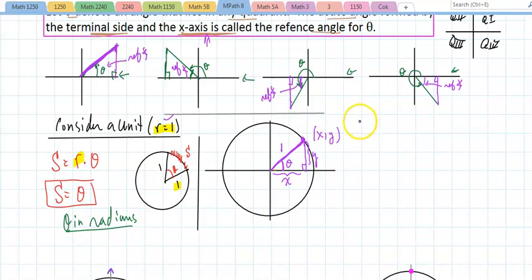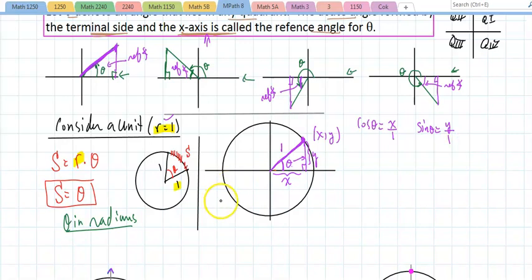If I take the cosine of theta, wouldn't that be the adjacent over the hypotenuse? And similarly, if I find the sine of theta, wouldn't you say that's the opposite over the hypotenuse? So what does that mean?